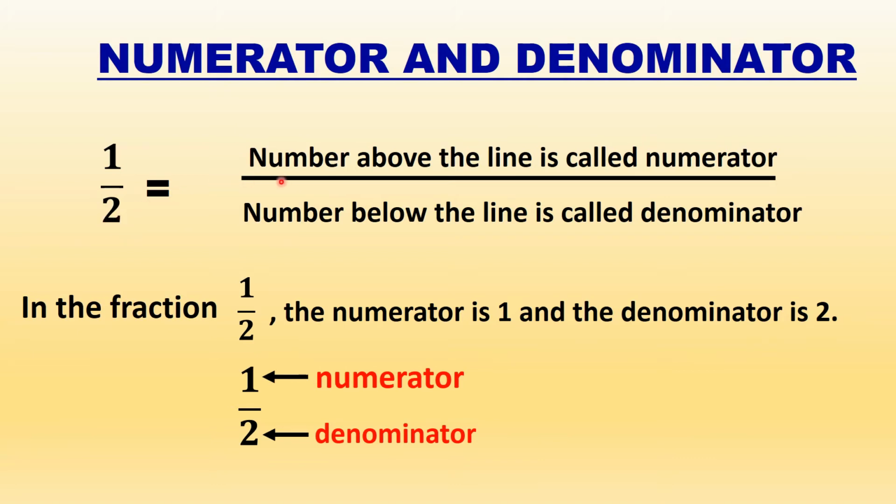So in 1 upon 2, the number above the line is called the numerator and the number below the line is called the denominator. In the fraction 1 upon 2, the numerator is 1 and the denominator is 2. So 1 is the numerator and 2 is the denominator.